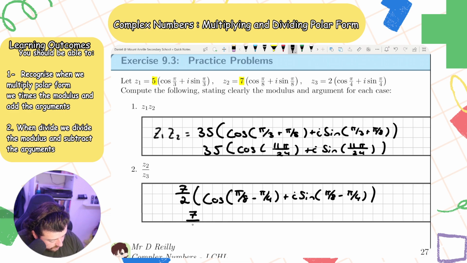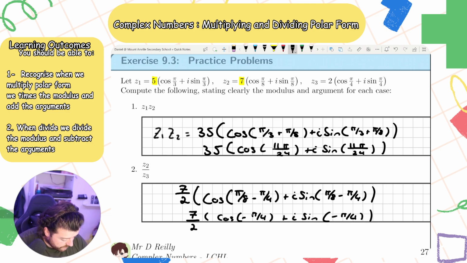That's going to be 7 over 2 times cosine of minus pi over 4 plus i sine of minus pi over 4. Right? And that's it there.